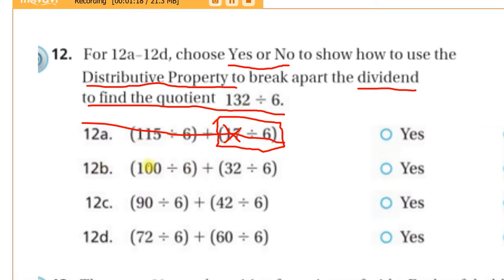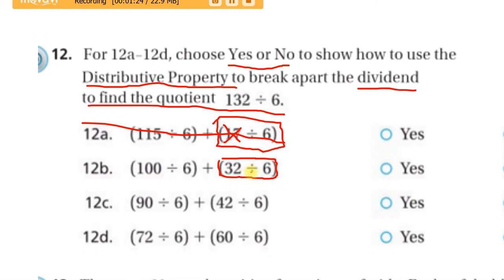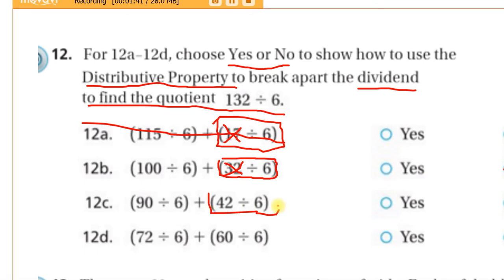Okay, 12B, this next one, again, I'm going to look at the easier problem first. If I count by sixes, 6, 12, 18, 24, 30, 36. Again, I don't land on 32, so that is not helpful. Now on this one, I'm choosing this one instead of this one on these problems.